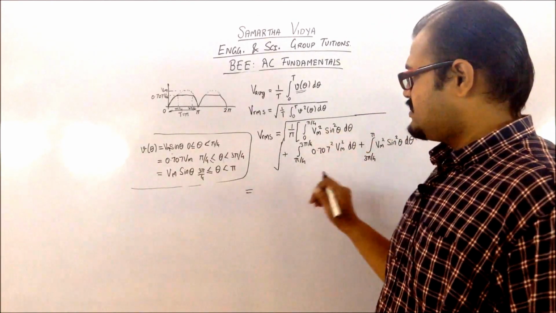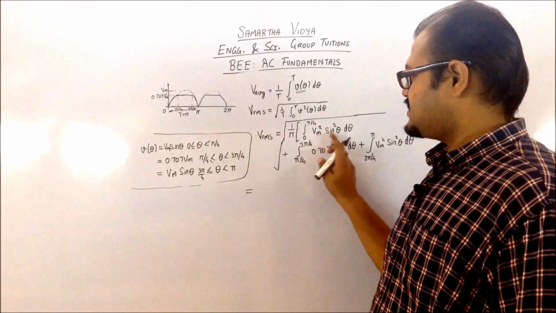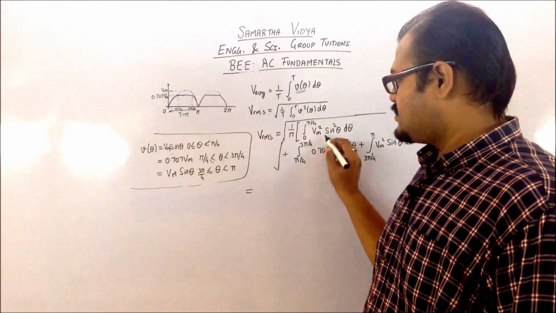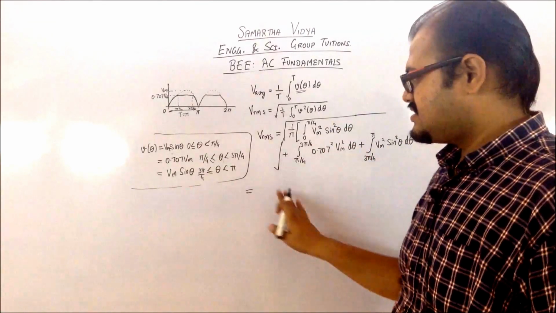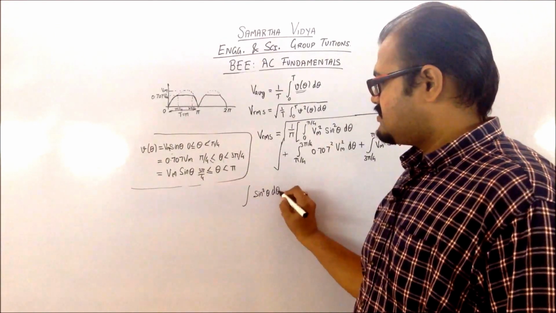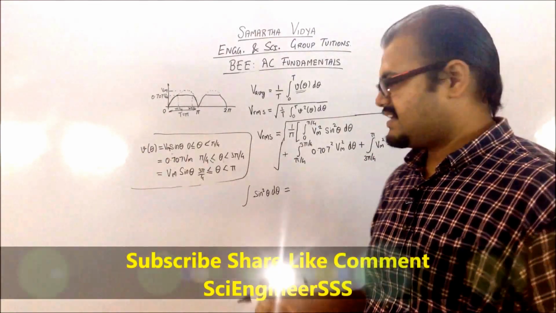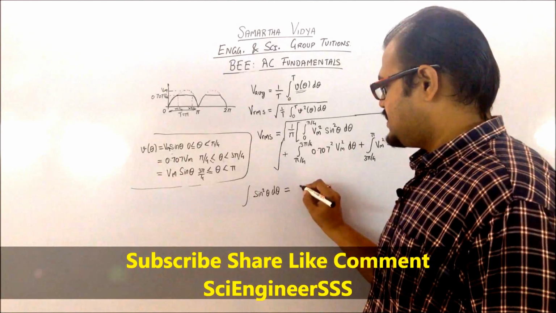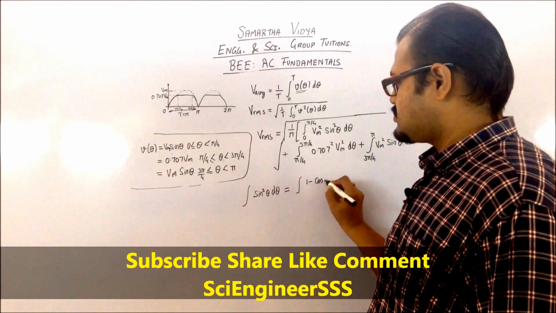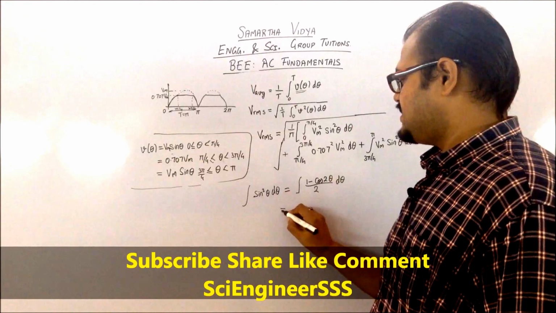You can see that Vm square is the constant term which can come outside the integration, and you have the integration of sin square theta. We'll just discuss how to find the integration of sin square theta. It can be found using the cos double angle formula. You apply sin square theta as 1 minus cos 2 theta divided by 2, and then you will be able to find the integration of this.